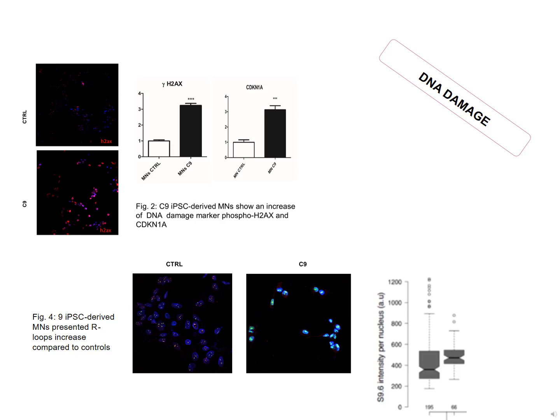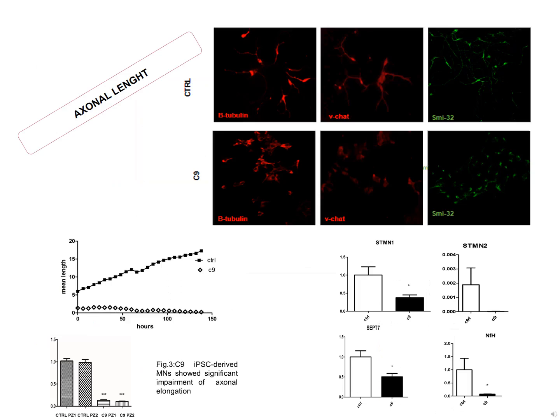And then we searched in qPCR for CDKN1A, and they're both, as you can see, significantly increased in our C9 lines. Then we stained for R loops, and as you can see from the graph on the right, they are increased in our C9 motor neuron lines.